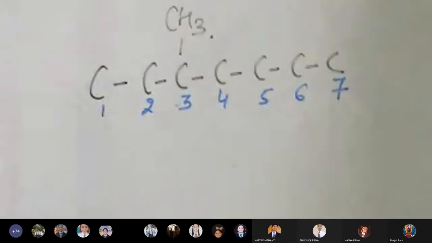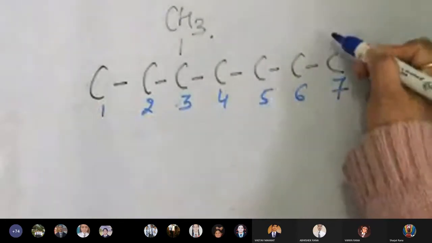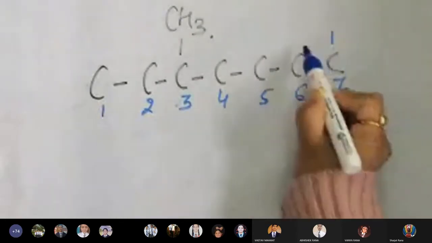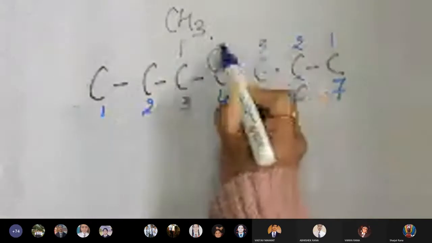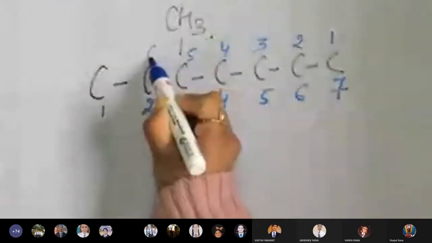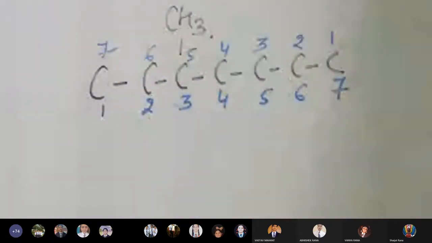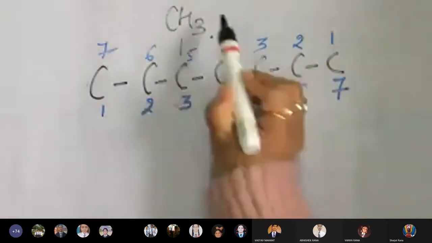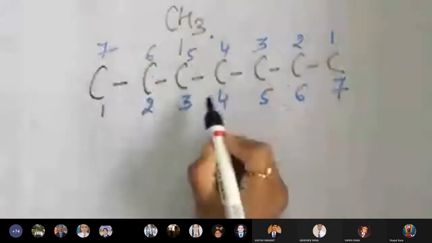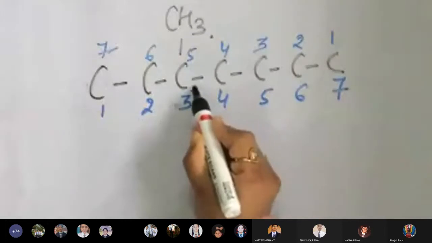Since I've told you that you need to get the maximum carbon in a chain, I can do the opposite also. The second numbering, right to left: 1, 2, 3, 4, 5, 6 and 7. The third thing I can do is mention this as 1 and this as 2.